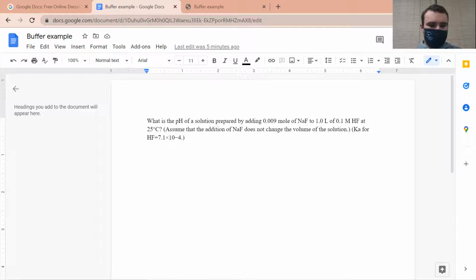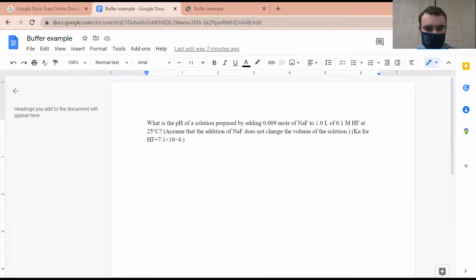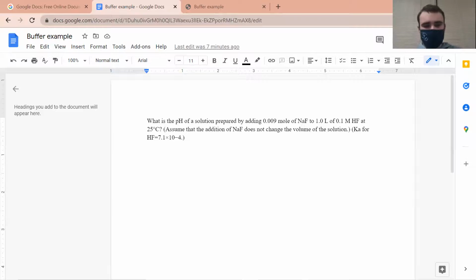I don't remember. And the volume was 1 liter. So the concentration is technically the same as moles because it's like saying this divided by 1.